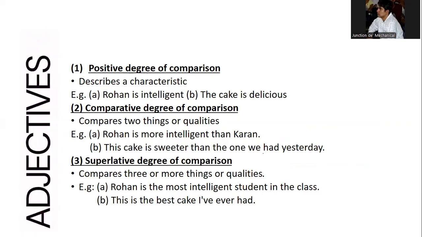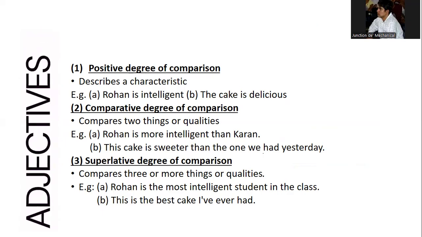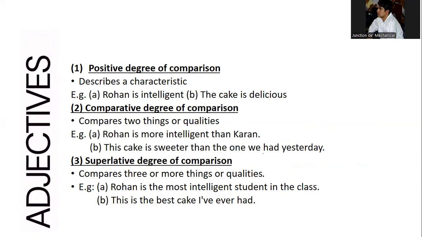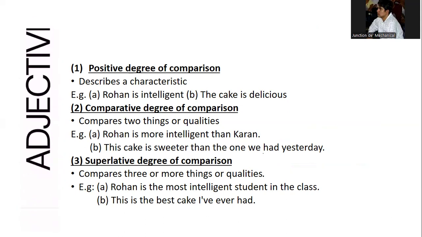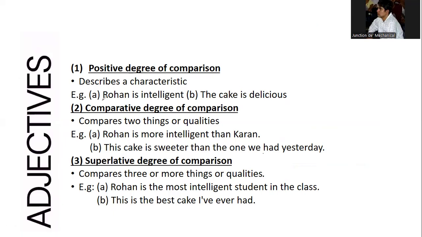Next is the comparative degree of comparison, right? So here we are going to compare two nouns. Rohan is more intelligent than Karan. If you see here, the statement which I used earlier is Rohan is intelligent. It just described the characteristic. But now here we are comparing two people, Rohan and Karan. So Rohan is more intelligent than Karan.